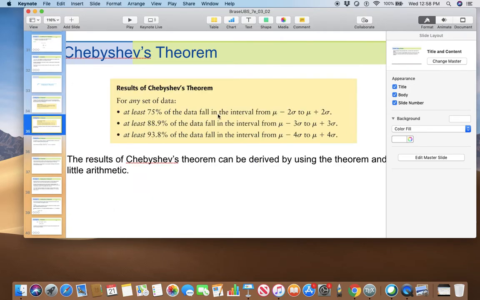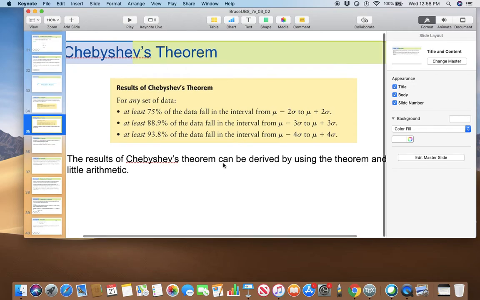For example, within 2 standard deviations, you get at least 75%. Within 3 standard deviations of the mean, you get at least 88.9%. Within 4 standard deviations, you get at least 93.8%. Okay?